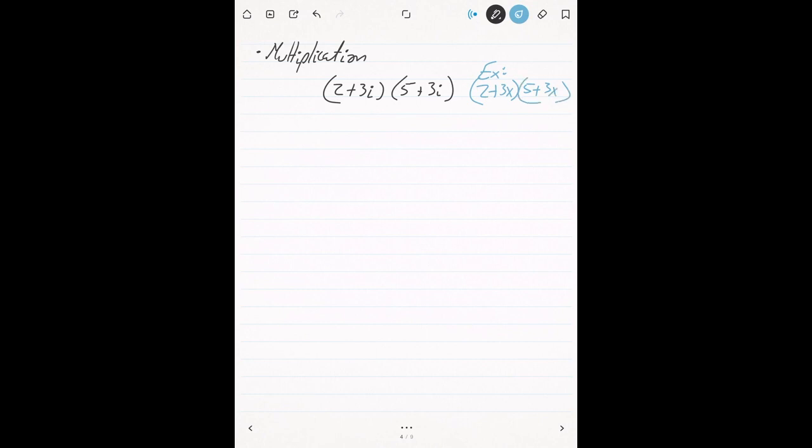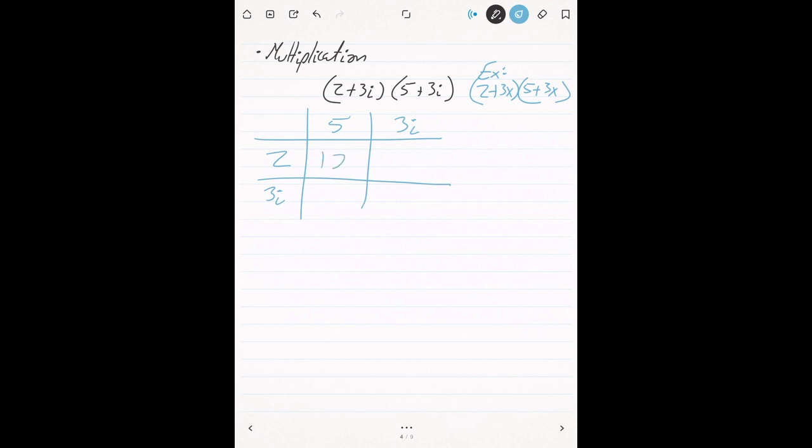In fact, when we multiply complex numbers, we're going to use distribution, or we could use the box method. I'm going to go ahead and use the box method. I'm going to take 2 and 3i, and then 5 and 3i.